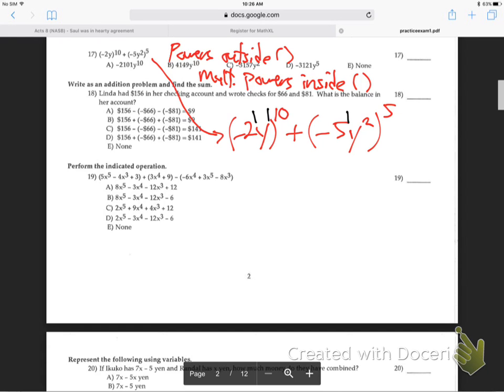Okay, so the power outside, the 10, will multiply both those powers inside, so it's 2 to the 10th, y to the 10th. What's the sign going to be? Is it going to be negative or positive on that 2? Ask yourself, is this negative sign on the field, in the game, or just a spectator? In the game. It's in the parentheses. So he's going to obey the coach.